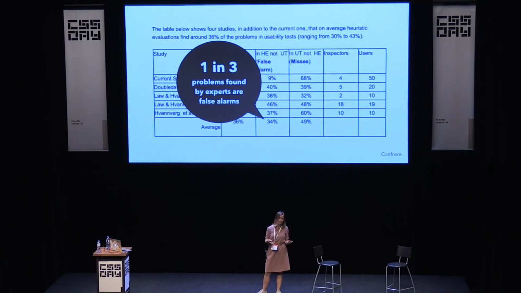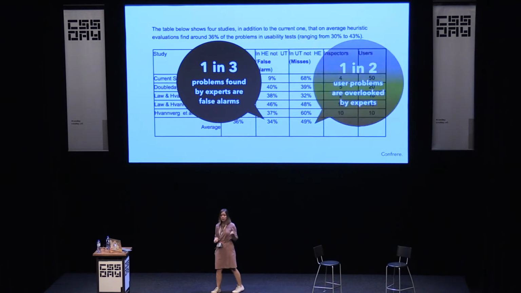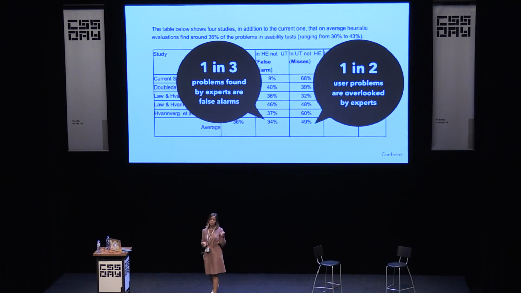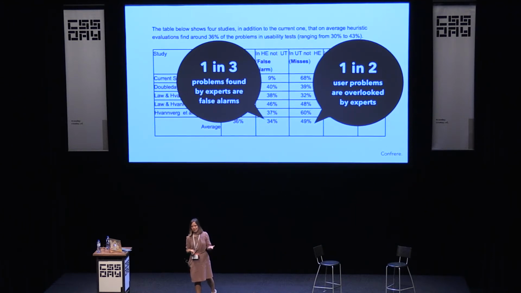So your usability expert is like, no, you can't have a button like that. That's never going to work. And then the user tested it, and it actually worked. So maybe you're changing things that you don't actually have to change because you listen to an expert, like me, that thought that a blinking green button would be good enough. But even worse, on average, 1 in 2 problems that users actually had were overlooked by the experts.